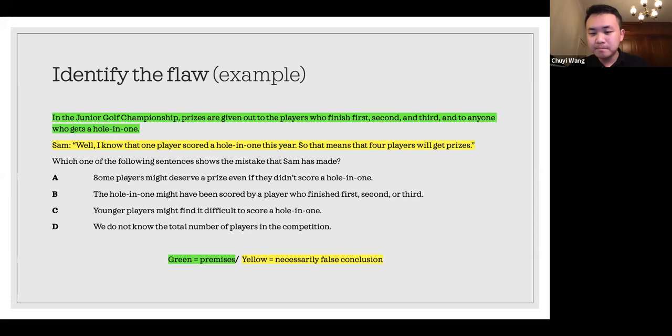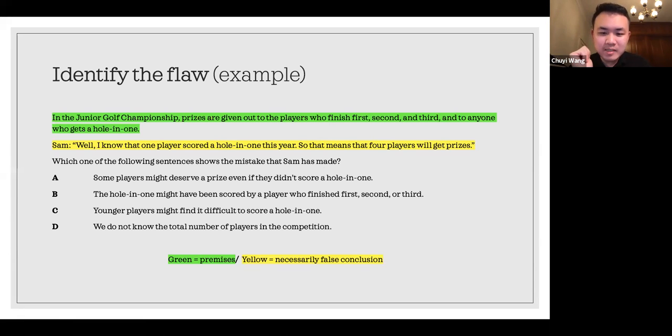Now, the reason we have to use our common sense is this. What is Sam arguing here? What is Sam thinking in his head? We've got to think about where he has made his assumption. He says, well, I know that one player scored a hole in 1 this year, so that means 4 players will get prizes. He's thinking first place will get a prize, second place will get a prize, third place will get a prize, and I know one other player did, so that's one other player, 4 prizes.